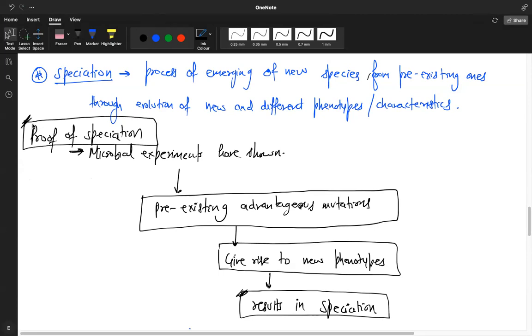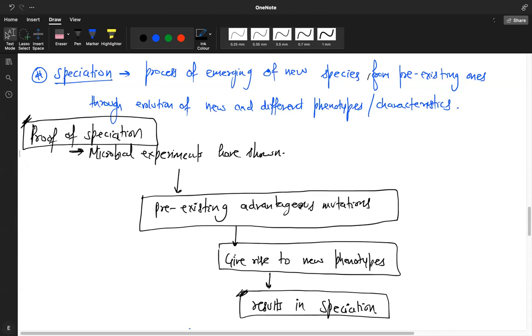Yes, Nabil, would you like to help? So microbial experiments have shown that pre-existing advantageous mutations, when passed on from generation to generation, can be selected and give rise to new phenotypes. And over a few years, it results in speciation.